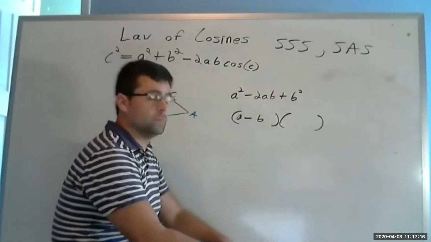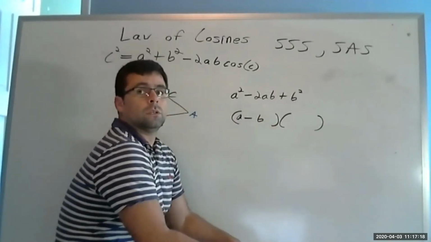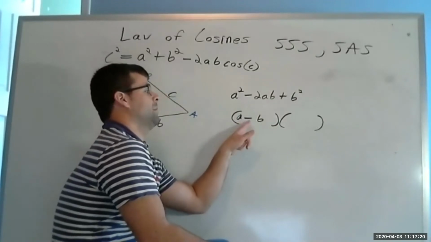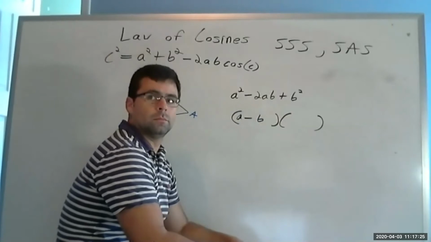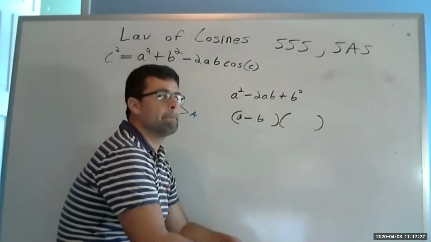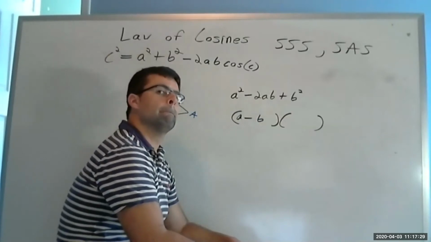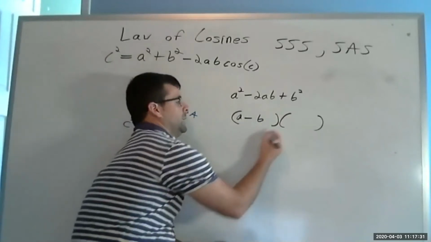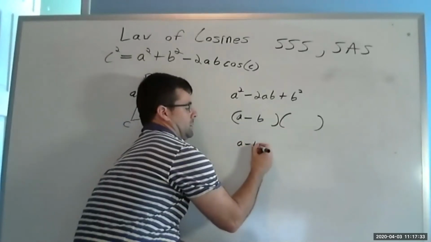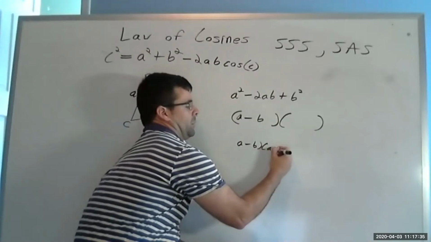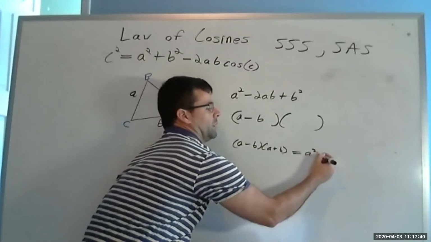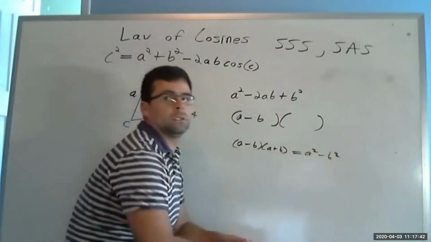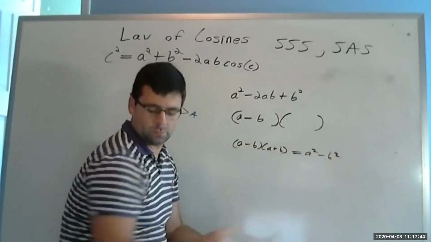So I'll give you that one. What do you have to multiply a minus b by to get this? Would it be a plus b? No, because a minus b times a plus b is a squared minus b squared.